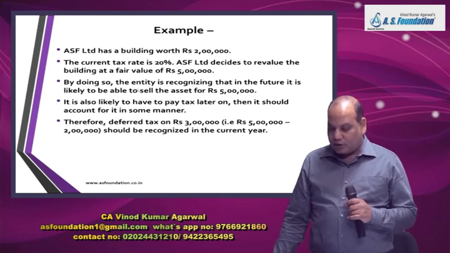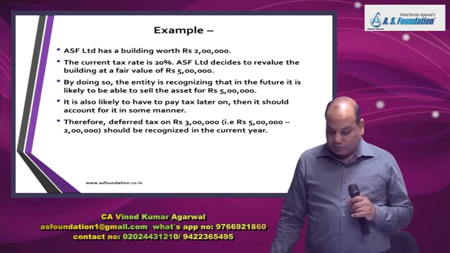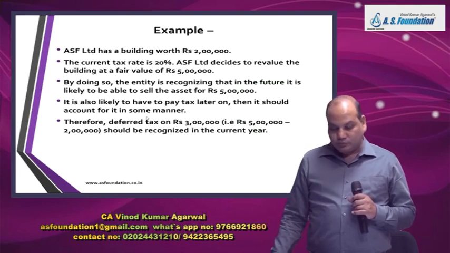By doing so, the entity is recognizing that in future, it is likely to be able to sell the asset for 5 lakh. This is the carrying amount. The entity expects to sell it for 5 lakh. But what is the book value? Earlier 2 lakh, now it is 5 lakh. It is also likely to have to pay tax later on, so it should account for it in some manner.